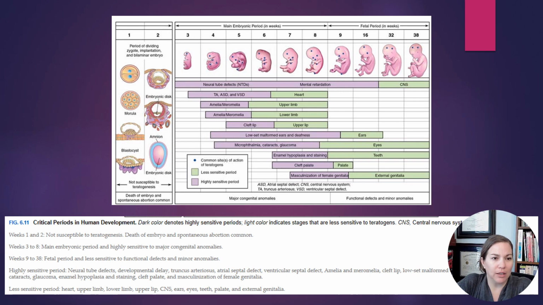So you can see in weeks 1 and 2, you've got the splitting of cells and the differentiation going to the blastocyst and starting to develop the amnion and the embryo. The embryonic period is weeks 3 through 8, like we said, and by the end of week 8, all of those major organ systems are already established. So just a really good chart to kind of review and take a look at.